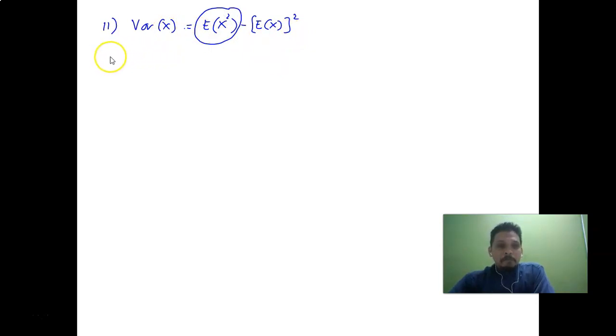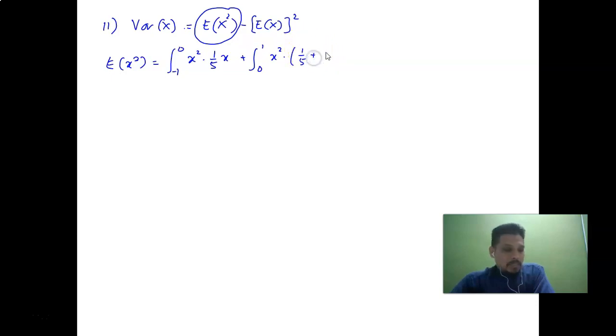So now again, E of x squared equals the integral from -1 until 0 of x squared multiplied by 1 over 5, plus from 0 until 1 of x squared multiplied with the function f of x, 1 over 5 plus 6 over 5 x, dx.